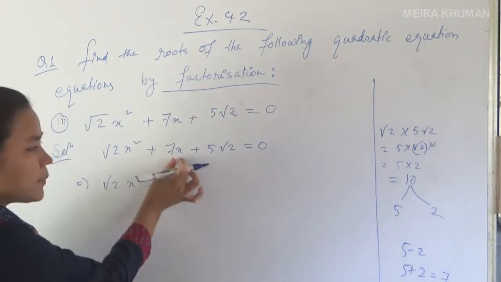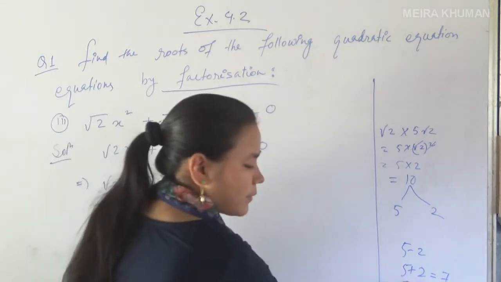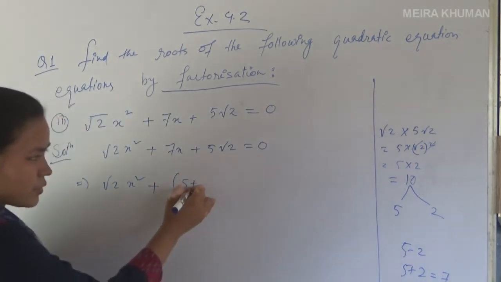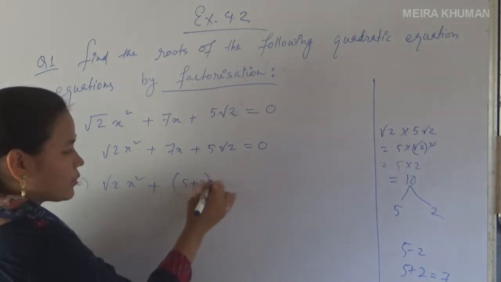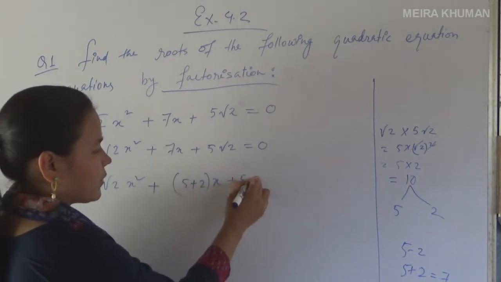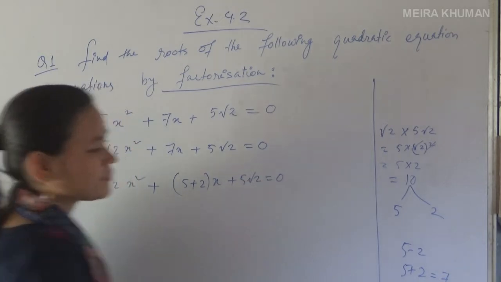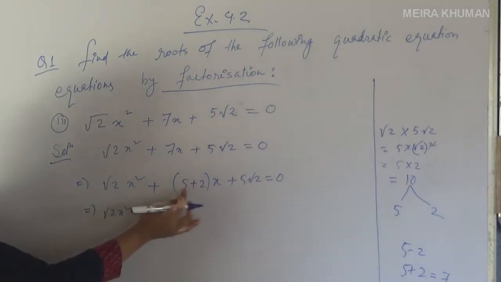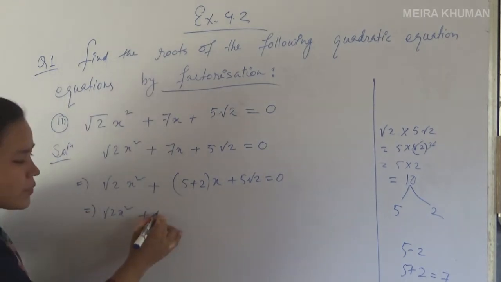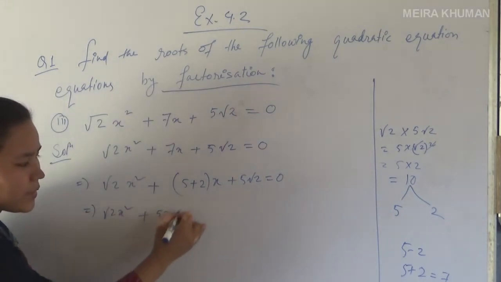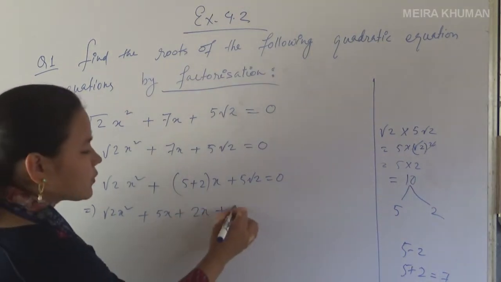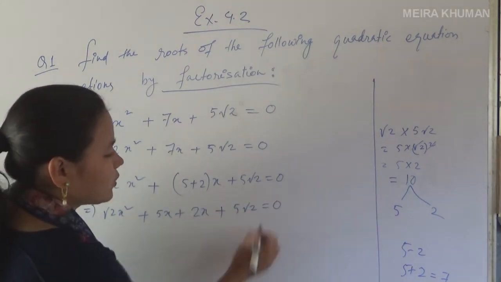So your middle term is 7, so you should add 5 plus 2. 5 plus 2 equal to 7, x plus 5 root 2 equal to 0. Then root 2 x square, plus 5 into x is 5x, plus 2 into x is 2x, plus 5 root 2 equal to 0.